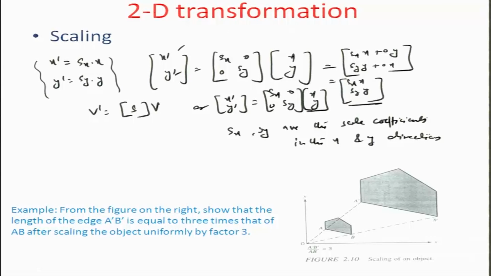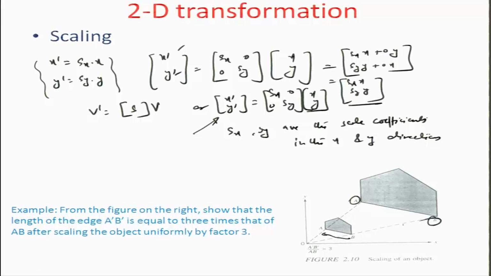Let us look at whether such a scaling transformation, if applied to a certain shape, would really scale up the length by as many times as the scale factor. The example on the right here shows the length of an otherwise pentagonal object. The side AB shows the initial length, and let us say this object is now scaled up to about 3 times in size, and the side A dash B dash shows the scaled length AB.